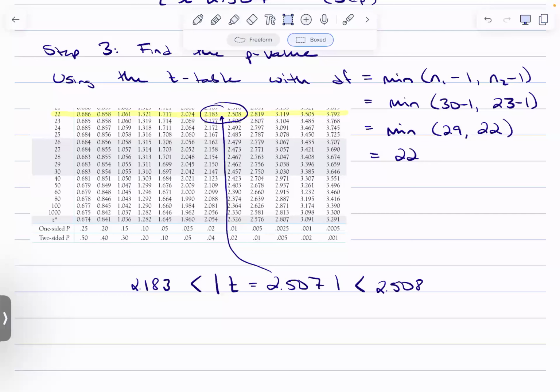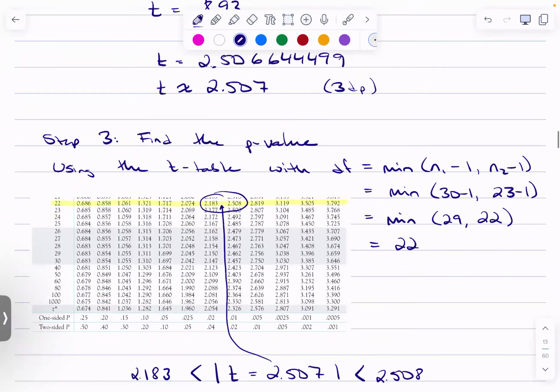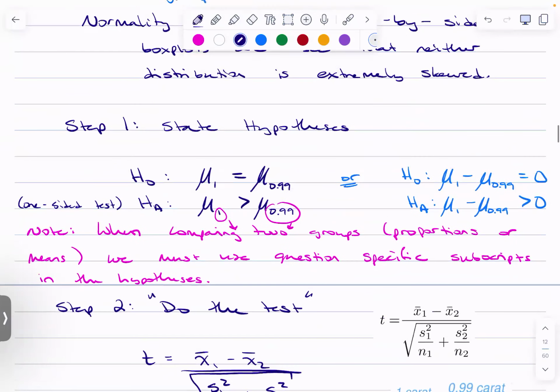Okay. So our t is somewhere between 2.183 and 2.508. That's great. Now, this is where I need to remember if I have a one-sided test or a two-sided test. This is the disconnect, because this is where you need to scroll all the way up to the top and look at your alternative hypothesis. I'm only concerned about one side, so it's a one-sided test.